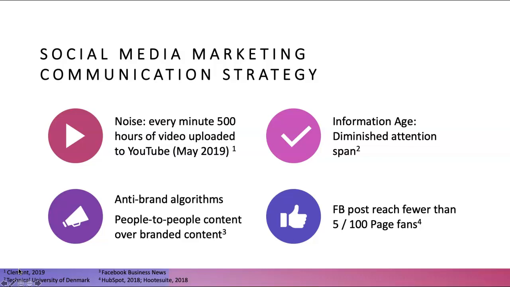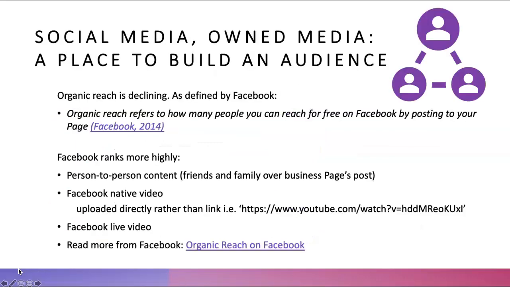I've got a little link to it at the bottom of the slide if you would like to look at that further. So we know now that we've got a lot of challenges in terms of understanding and playing to the social media platform's algorithm. We also need to stand out in a time of information abundance and a reduced attention span. So we really need to do our research and make sure we're publishing great content.